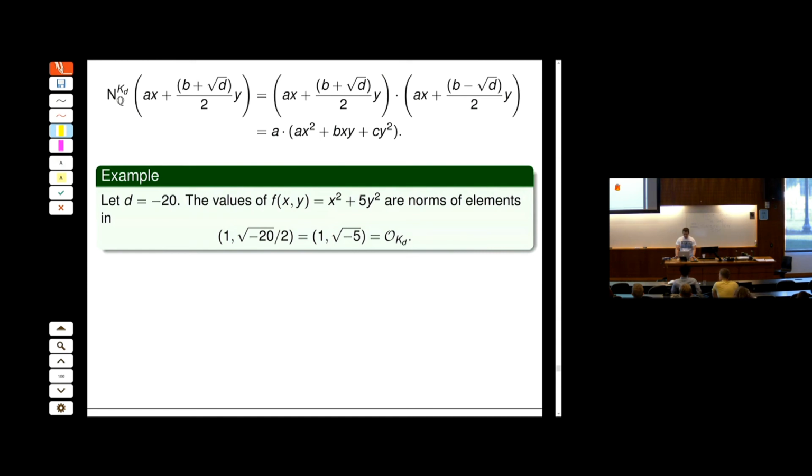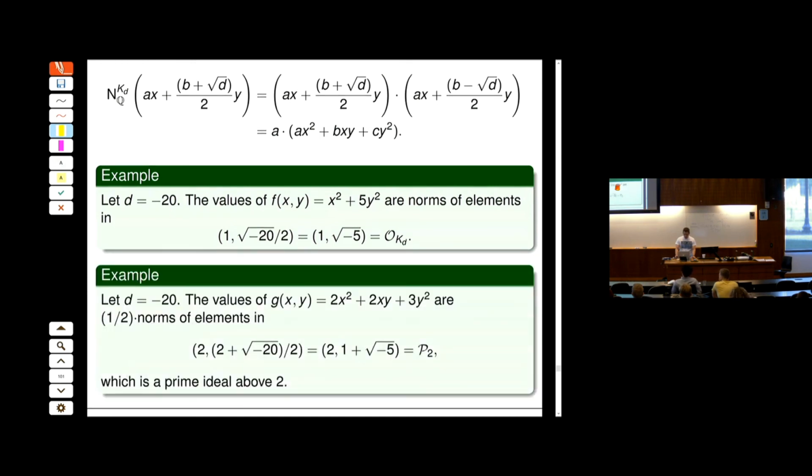And then when d is minus 20, you have that other form. And what's that other form? That other form would give you the half of norms of the elements in this other ideal. So if you take an ideal in here and you take the norm, then those values of that quadratic form are related to those norms. And this ideal in particular is a prime ideal above 2.